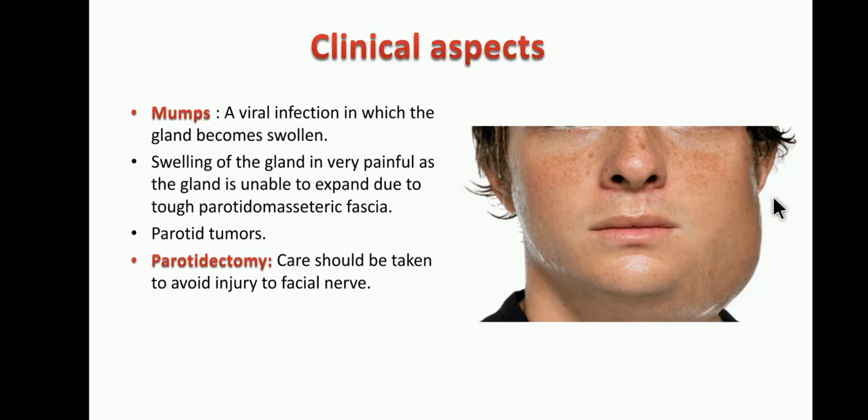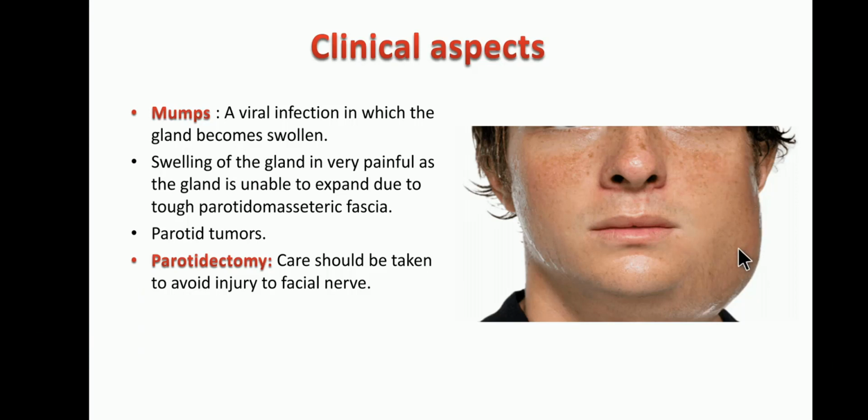That is why immediately after any surgery of the parotid gland, a test is done for the integrity of the facial nerve, by asking the patient to perform various facial movements like opening the mouth, closing the mouth, blinking the eyelids, and drawing the angle of the mouth to either side.